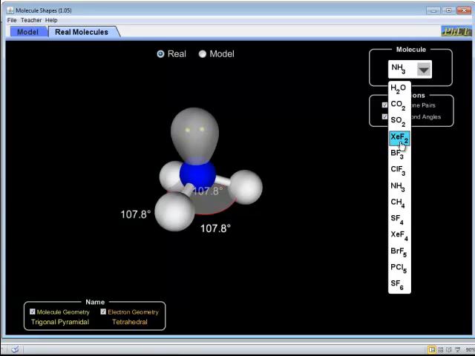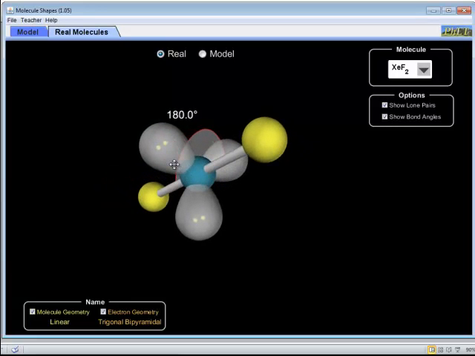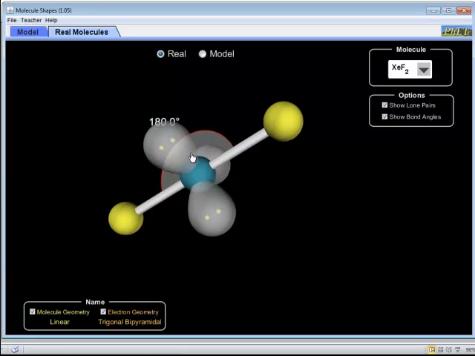If we have XeF2, this has the AB2E3 notation, and this is a linear molecule. It's 180 degrees. You're highly encouraged to come and play with this molecular shapes simulation.